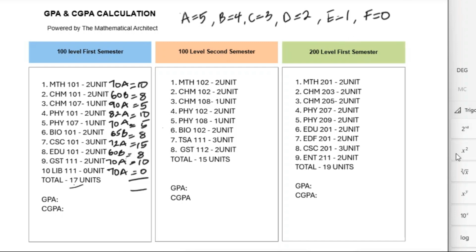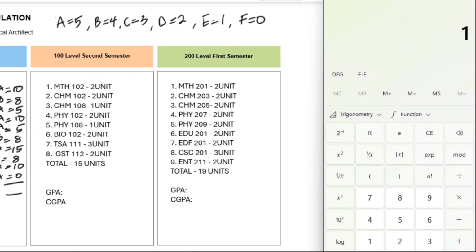So here we have 10, we have 10, plus 8, plus 5, plus 10, plus 5, plus 8, plus 15, plus 8, plus 10, plus 0, and that will give us 79.